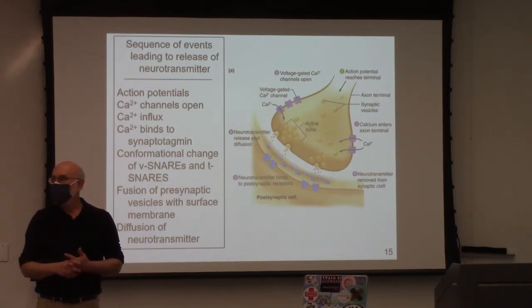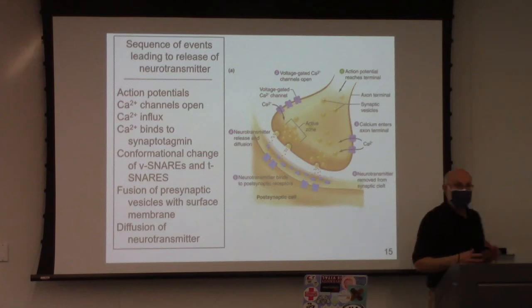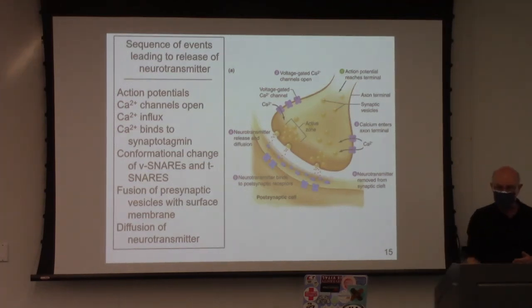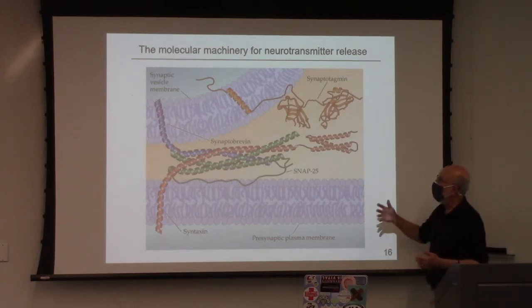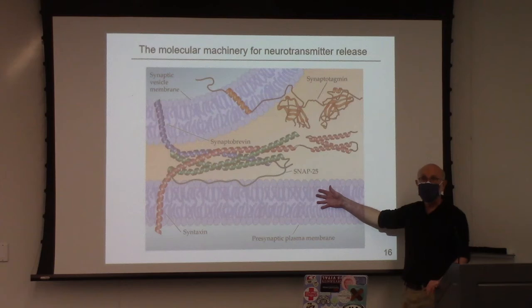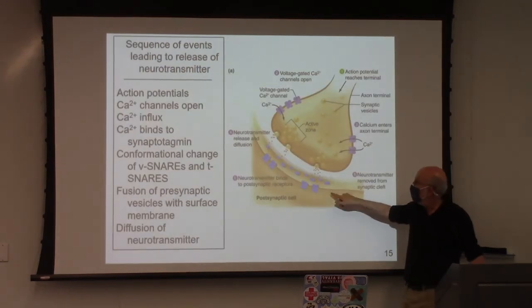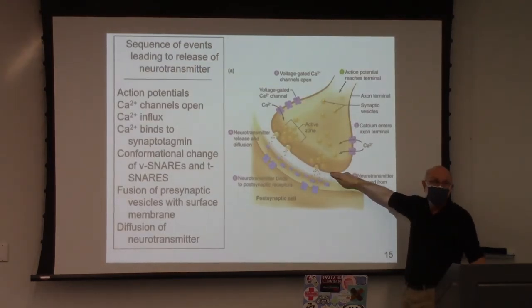Other questions? Okay, so let's talk about the snare business just for a moment. This is reinforcing some information from cell phys. Here is a cartoon of the presynaptic membrane. This membrane here is this membrane here.